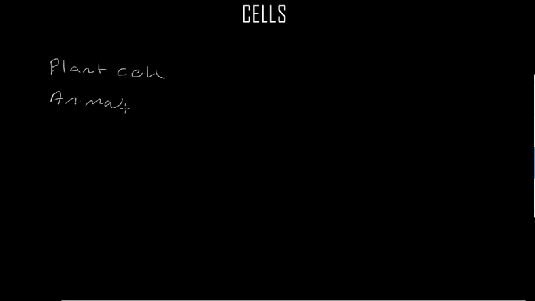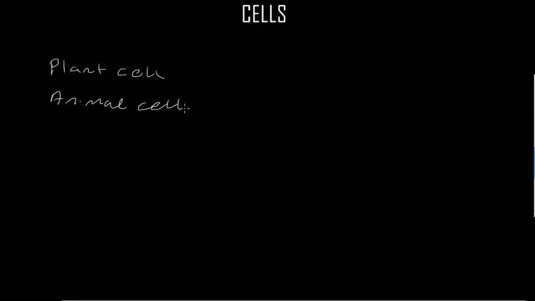Animals and plants have different types of cells, and these cells are different because of the functions that they play. They are adapted to the roles that they have to play in either the animals or in the plant.